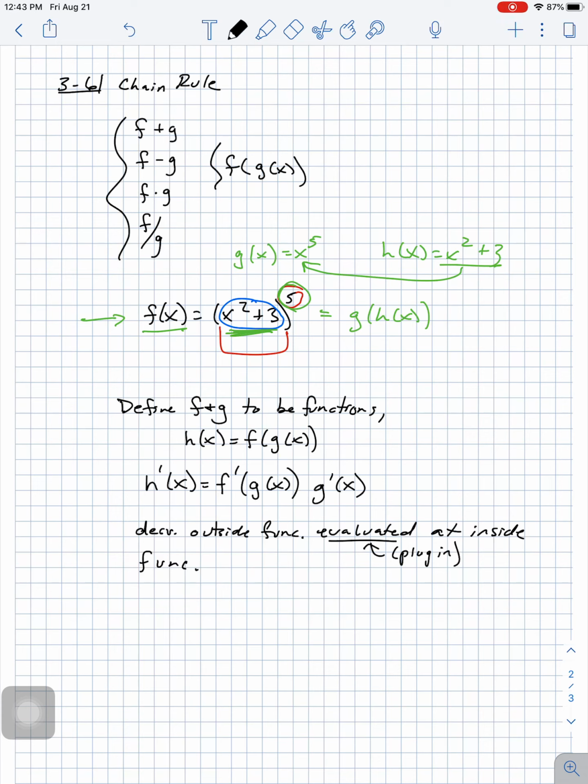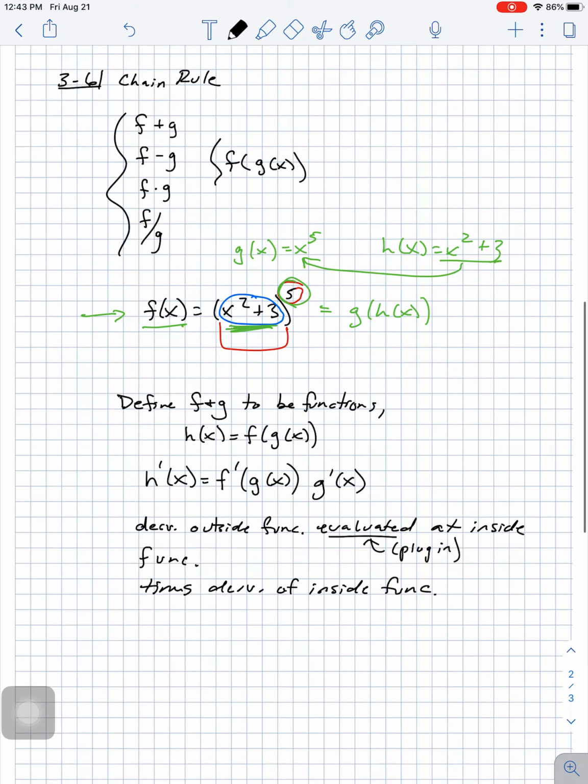So that means the inside function is plugged into that derivative, times the derivative of the inside function. All right, that's the mathy term.